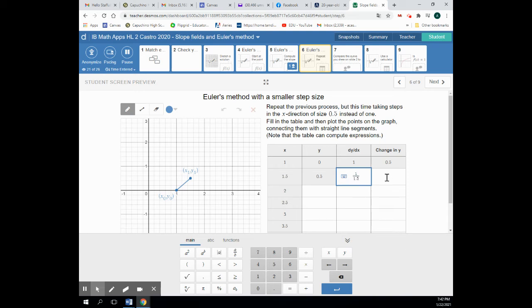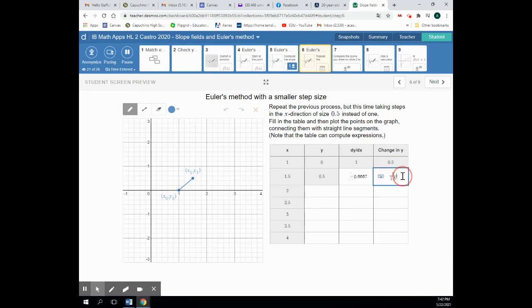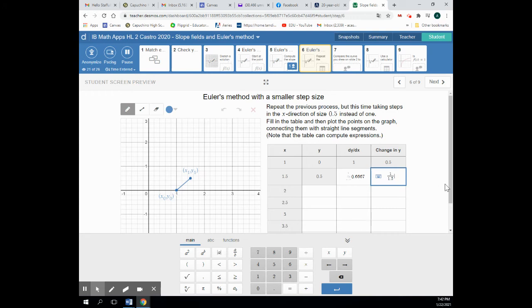Oops, I'm sorry. Let's write that over here. 1 divided by 1.5. And then I'm going to take that and I'm going to divide it by 2. Yes, which is 1/3. Okay, so this is 2/3. Half of 2/3 is 1/3. I was a little worried that my Desmos calculator was going to get messed up there.